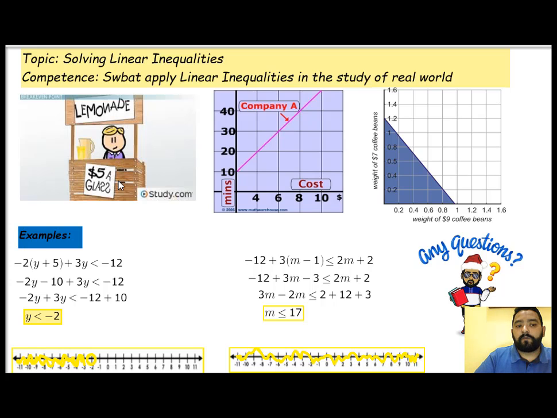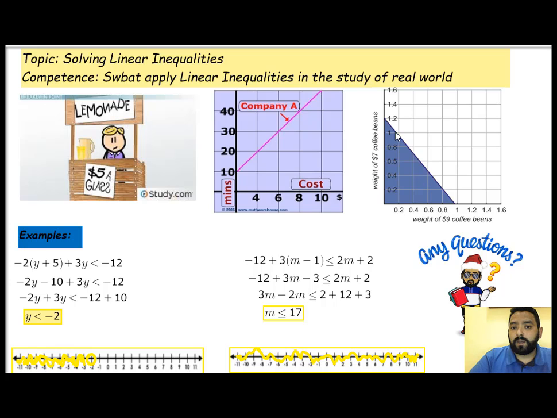For example, the first one says that each glass costs at least $5, which is the least quantity you have to pay for a glass. Now we have this one: a company A with a cost, and the minimum cost is $10 in this case. So this represents the minimum quantity.